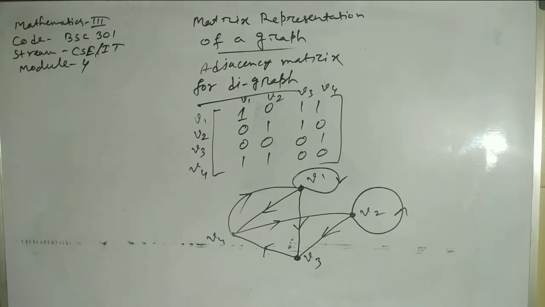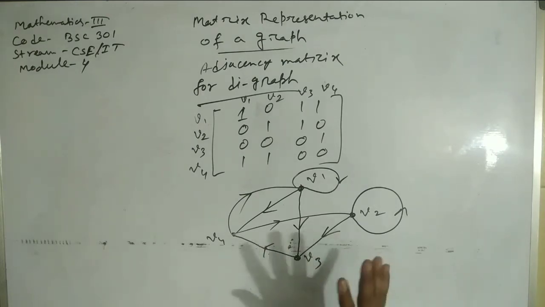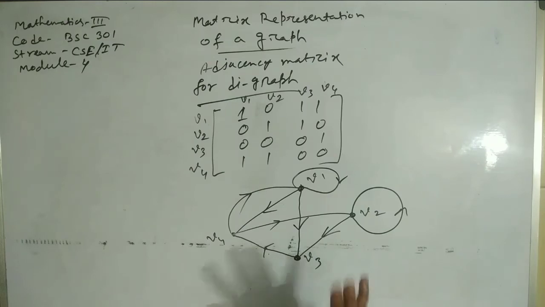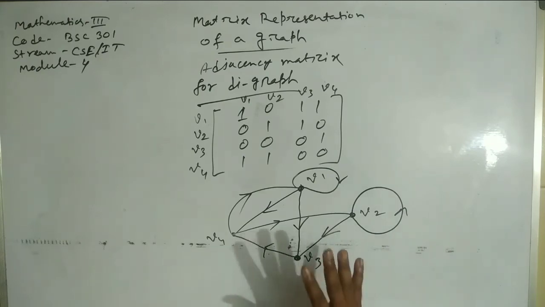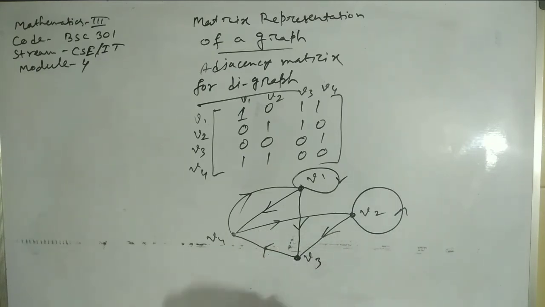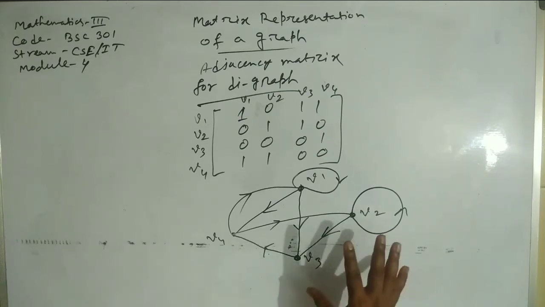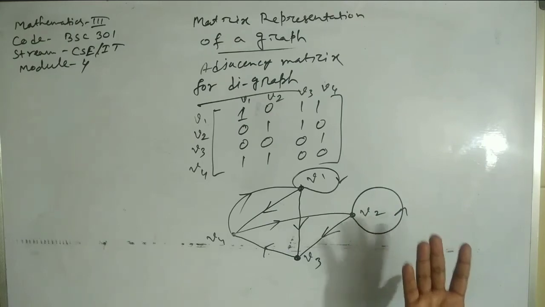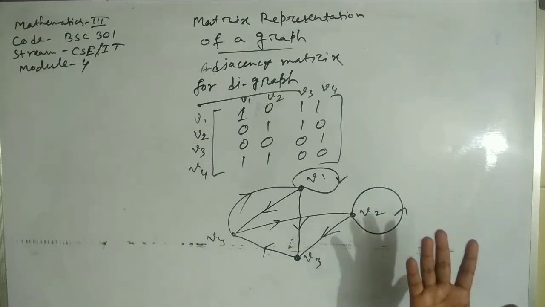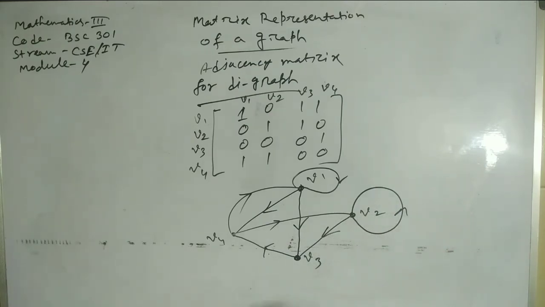I am not discussing matrix representation for connected graph and disconnected graph separately because there is nothing different. I have shown you all the connected graphs, not disconnected graphs. So the same method will be followed for disconnected graphs.